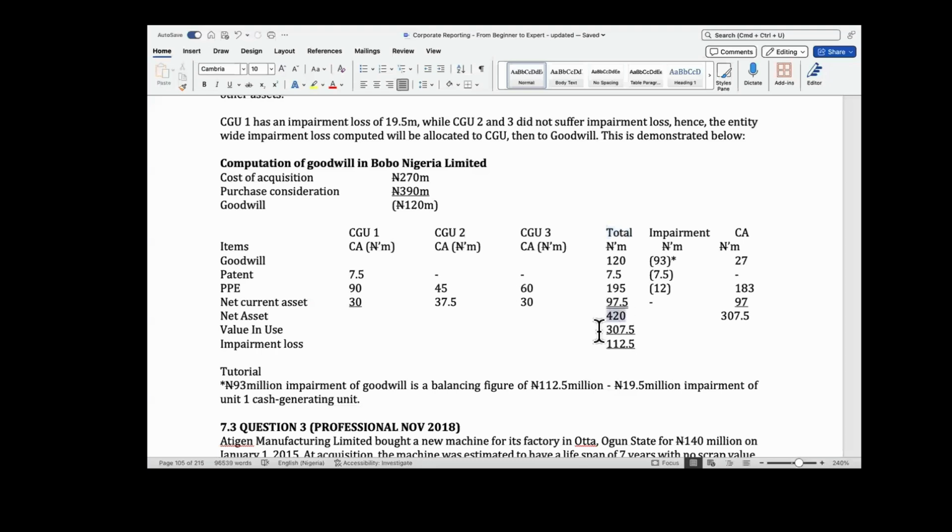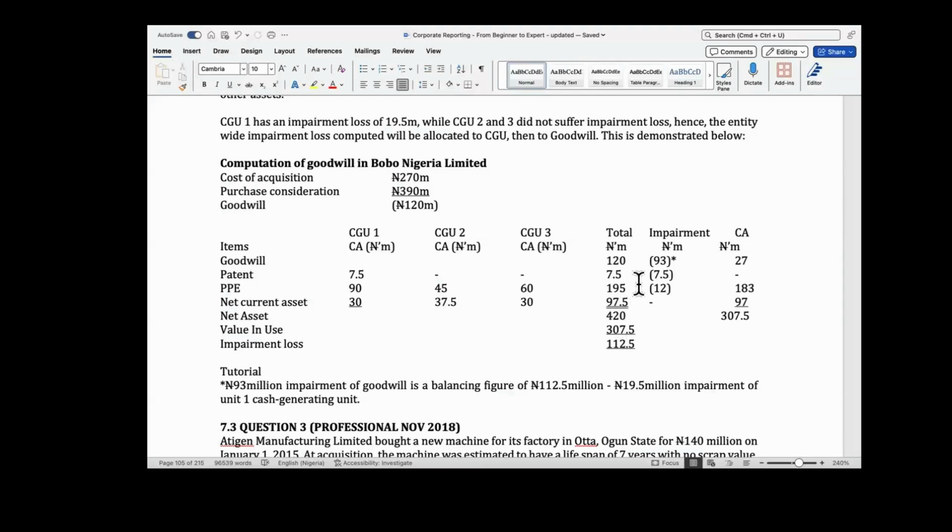The question already gave me the value in use of the entire business, which is 307.5. Then my impairment loss is 112.5. So this impairment loss, I will allocate to the assets on a pro rata basis according to the order.